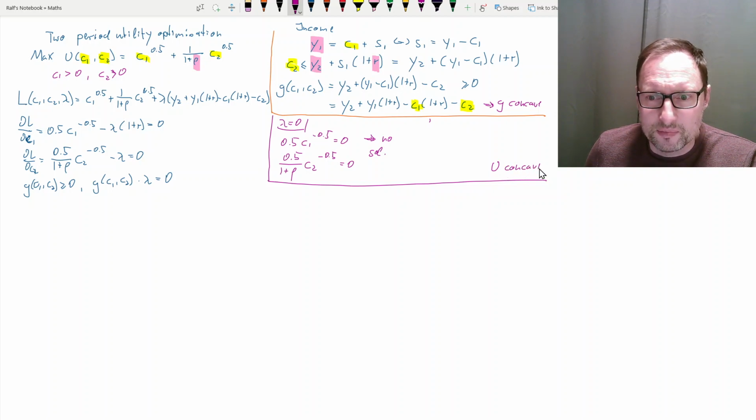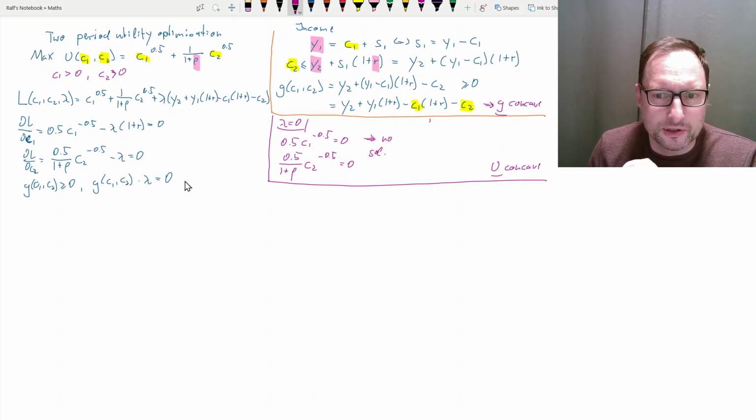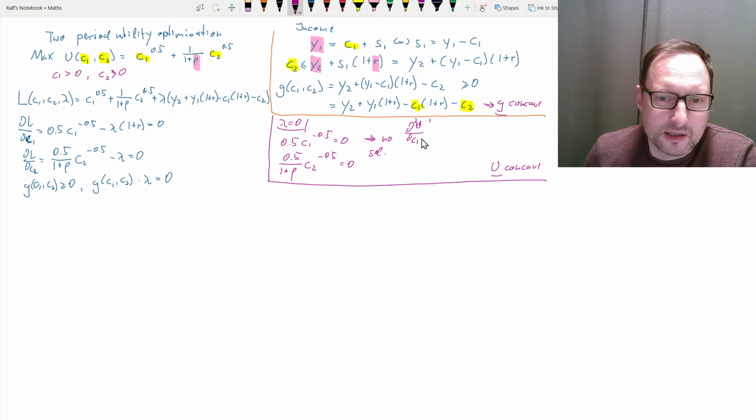Because if both utility function and constraint are concave, then we know these Lagrangian conditions will not only be necessary but also sufficient. So let's find the second order derivatives. The second order partial derivative of u with respect to c1 twice.